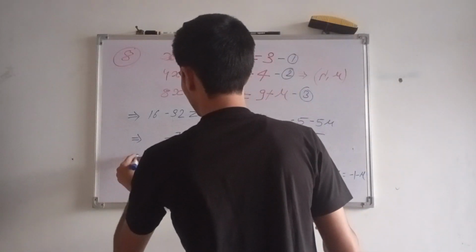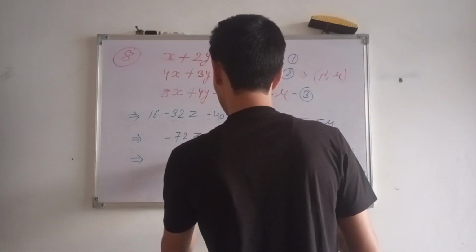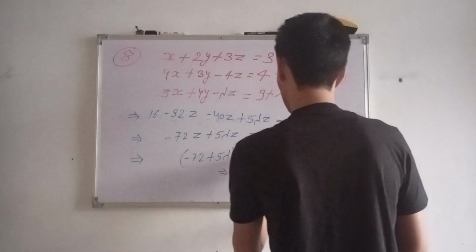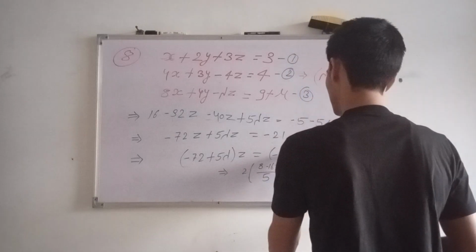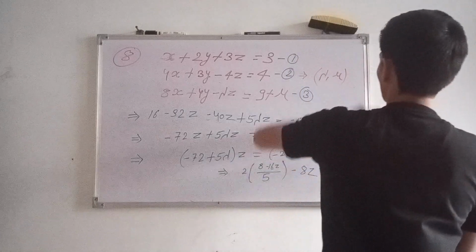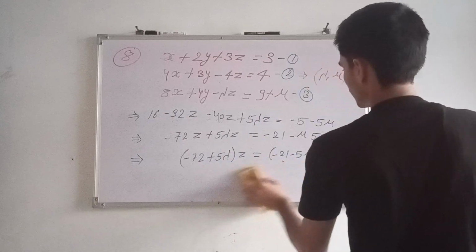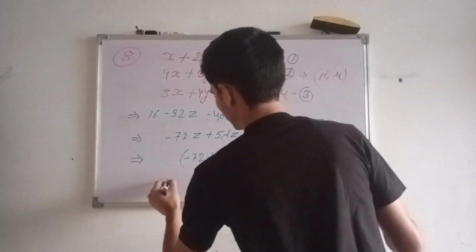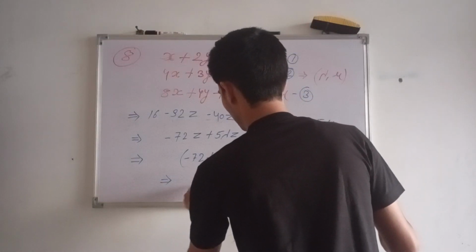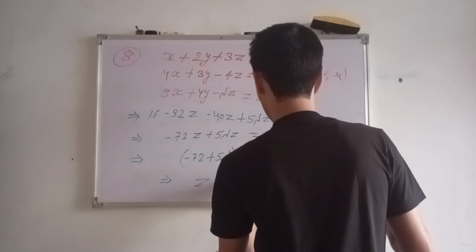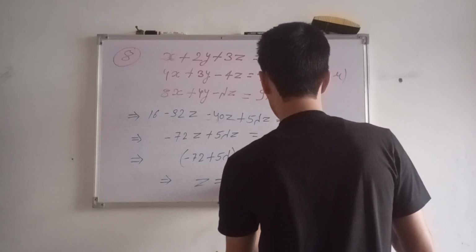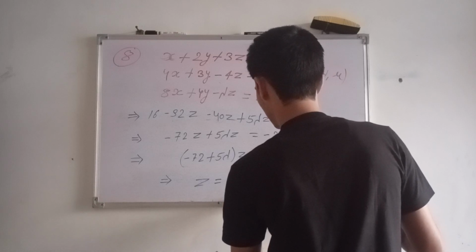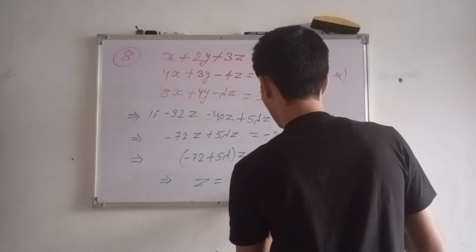Take z common here. So this is the z. Further simplifying it, we get z is equal to this.